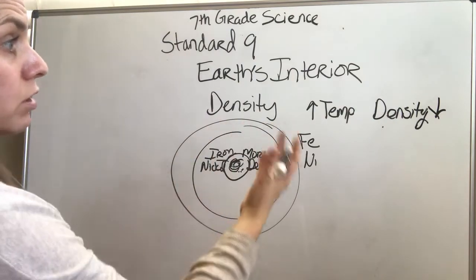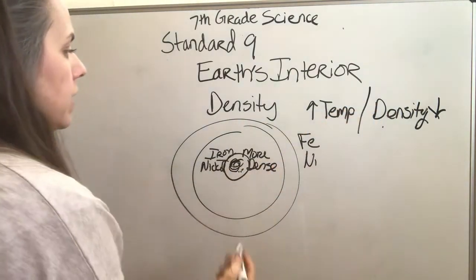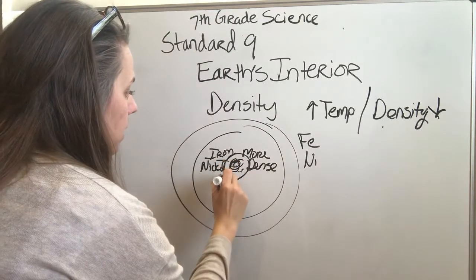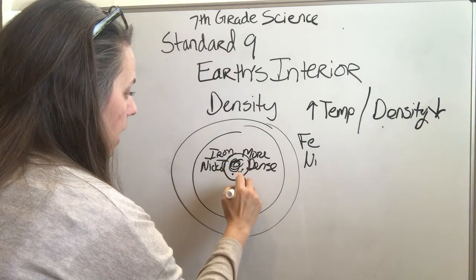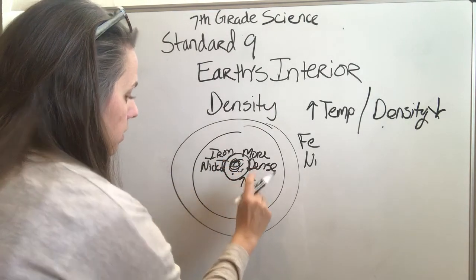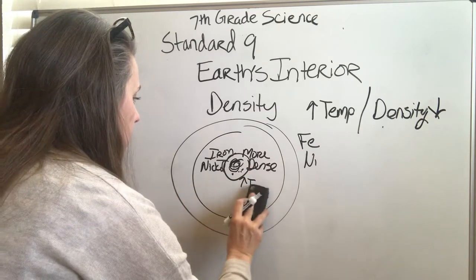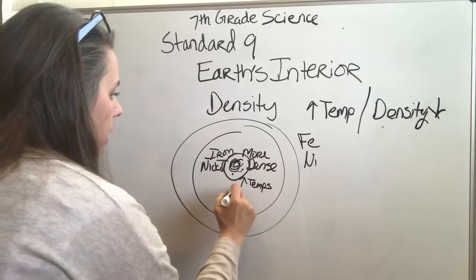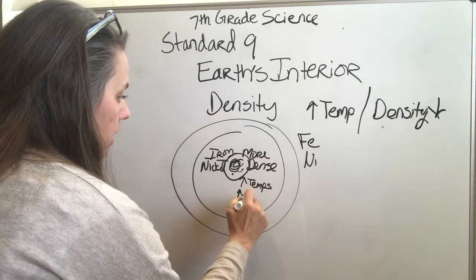Okay, that's the normal thing to happen. But here on the Earth, what we have is increased temps in the middle of the Earth and increased density.